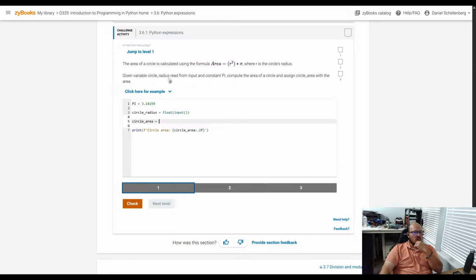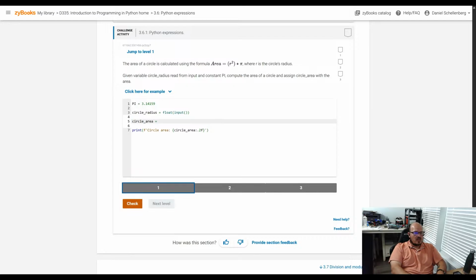Given the variable circle radius read from input and constant pi, compute the area of a circle and assign circle area with the area. The area of a circle is calculated using the formula area equals r2 times pi, where r is the circle's radius.